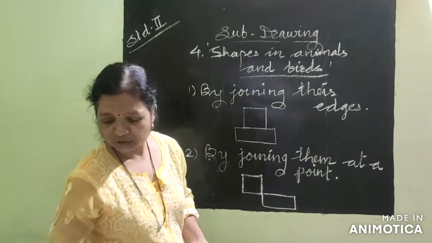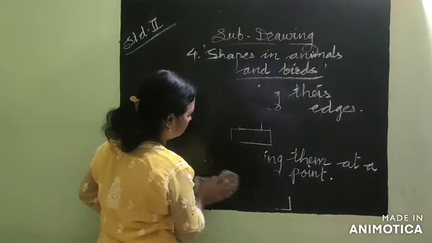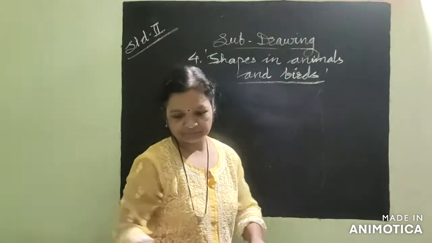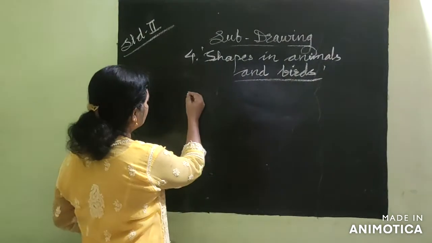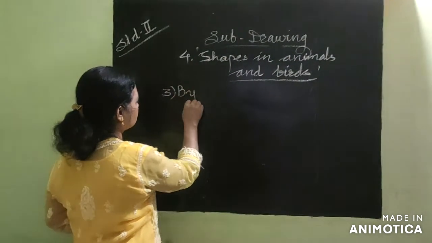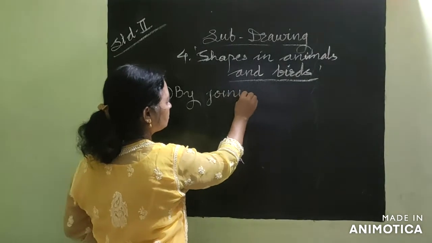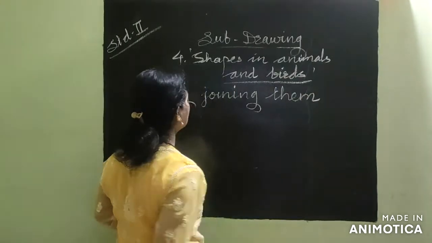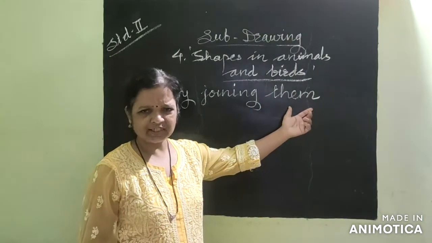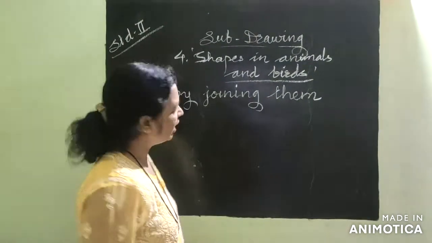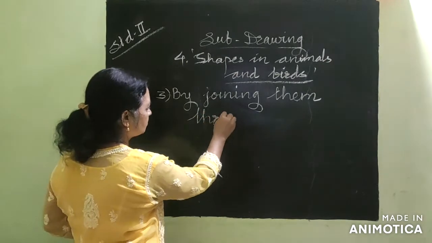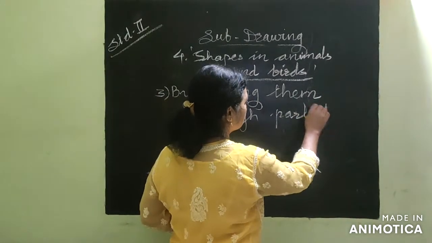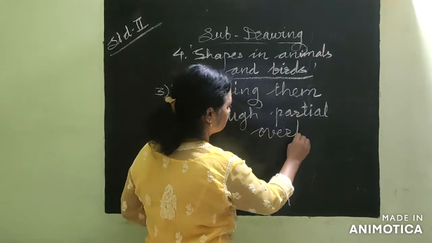And the last type of joining the shapes, third number, is by partial overlap. That means different types of shapes overlap each other.